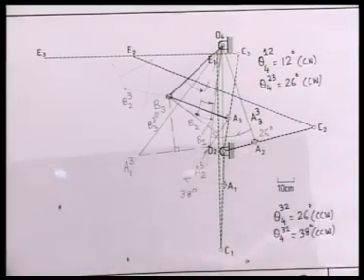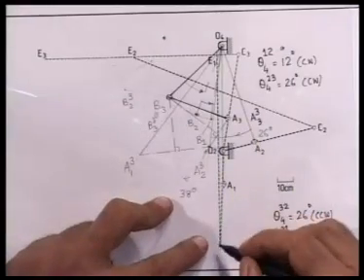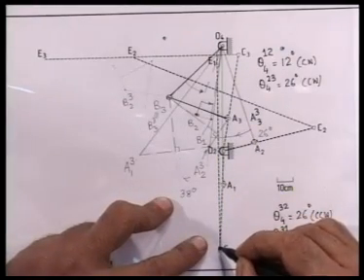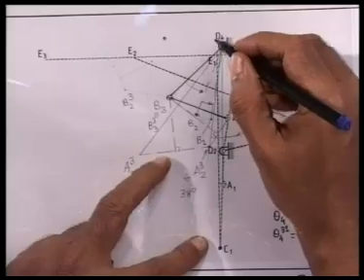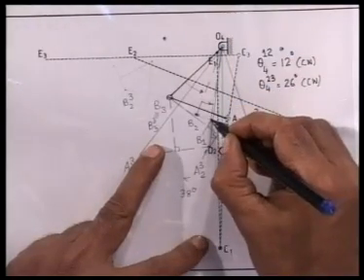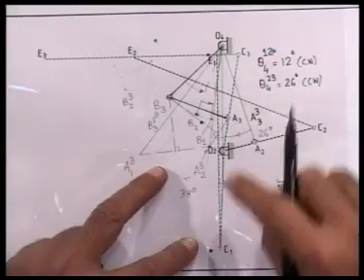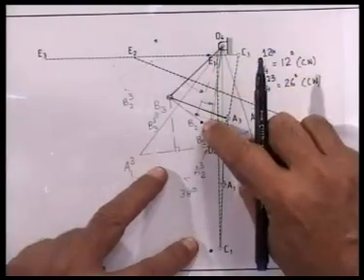So again we use tracing paper, mark C1, E1 and B1. This is C1, this is E1 and this is B1.